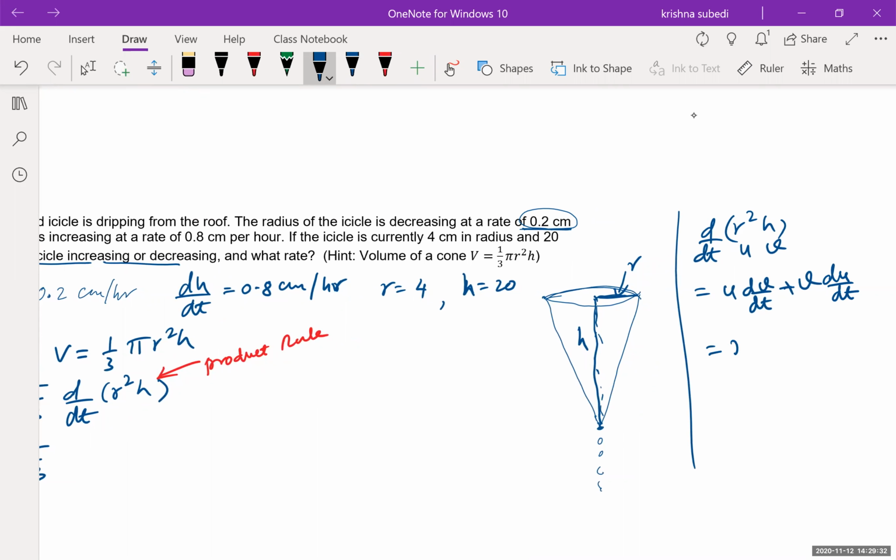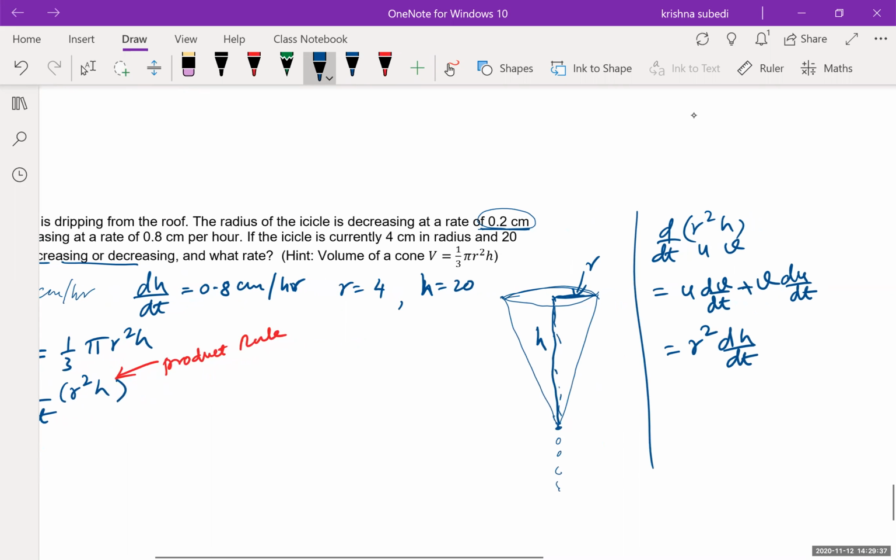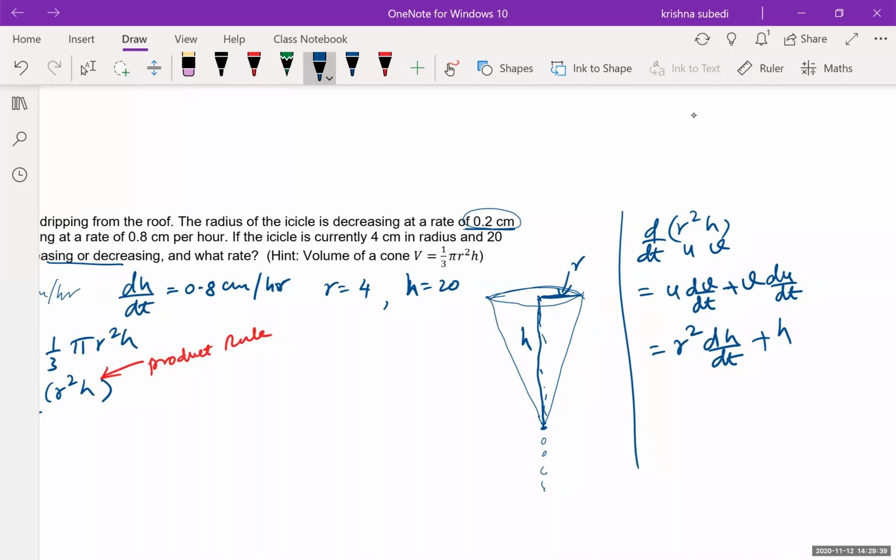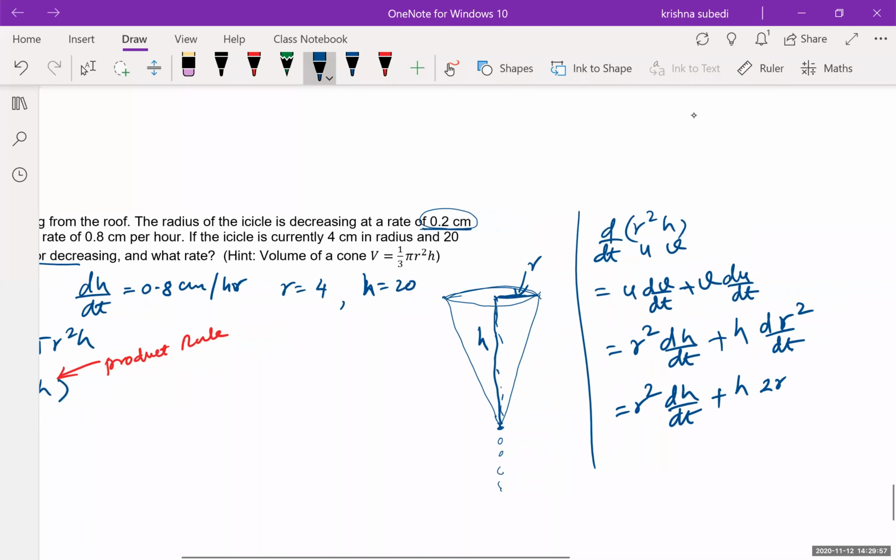So u means r square, dh over dt, plus v is h, and the derivative of r square with respect to t, because they are different variables, we write 2r dr over dt, similar to the concept that we learned in the previous section.